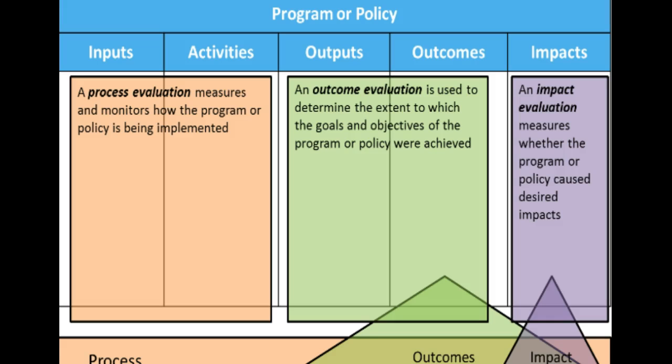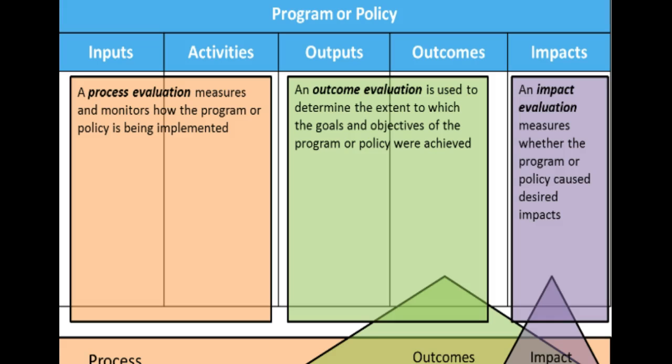So in looking at, I think you can see the bottom part of this. Here's an example of a logic model. And at the bottom, you can see on the left side of that, the inputs, the activities. Outputs start to become a little bit of outcomes, but more so activities and outputs become a process evaluation.